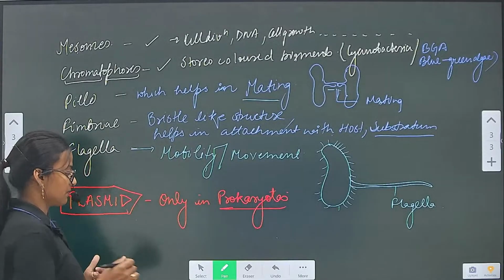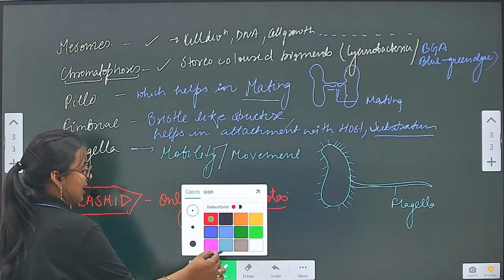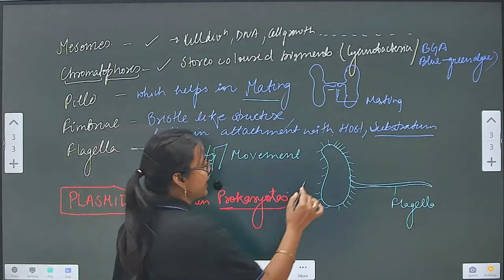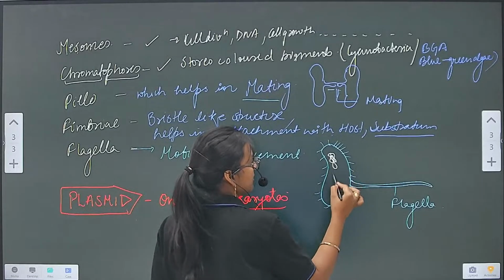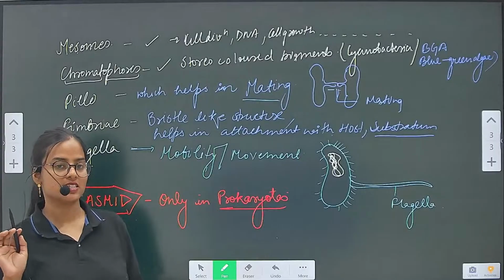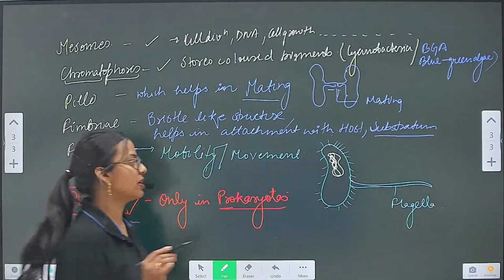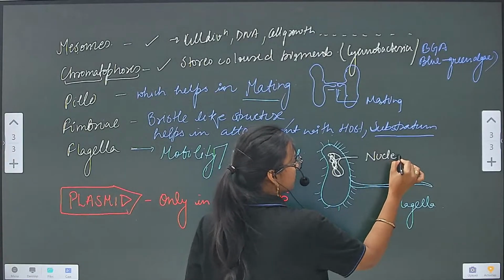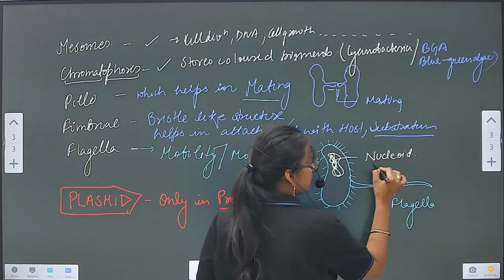See, the bacteria have the genetic material in the form of a naked structure, naked and present in the cytoplasm. We have already discussed this in yesterday's class, and that genetic material is called what? Nucleoid, or the incipient nucleus.